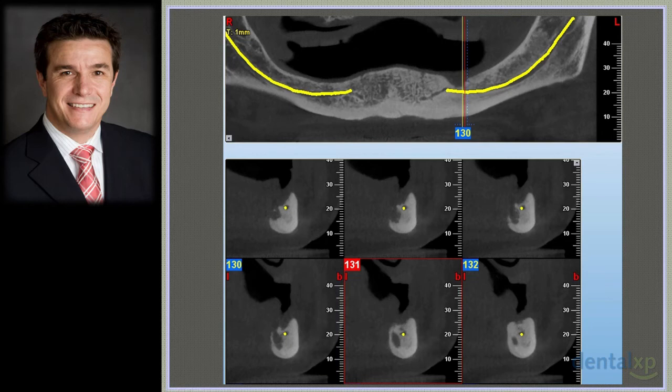There is a large erosive lesion which appears to have originated from the floor of the mouth, and it's growing into the mandibular bone.